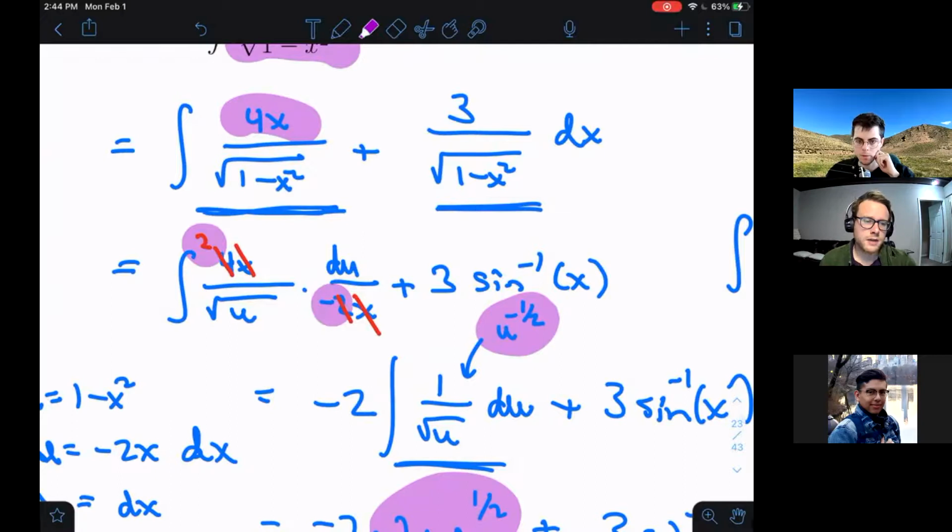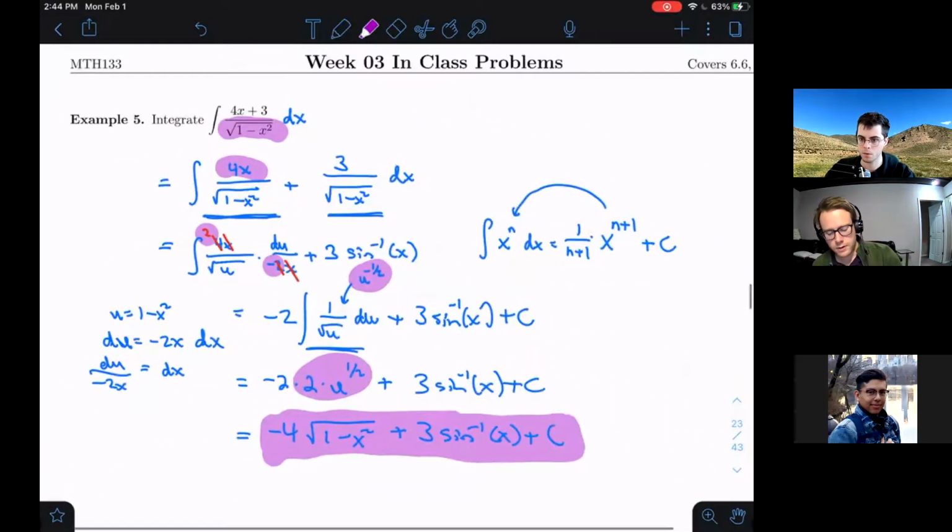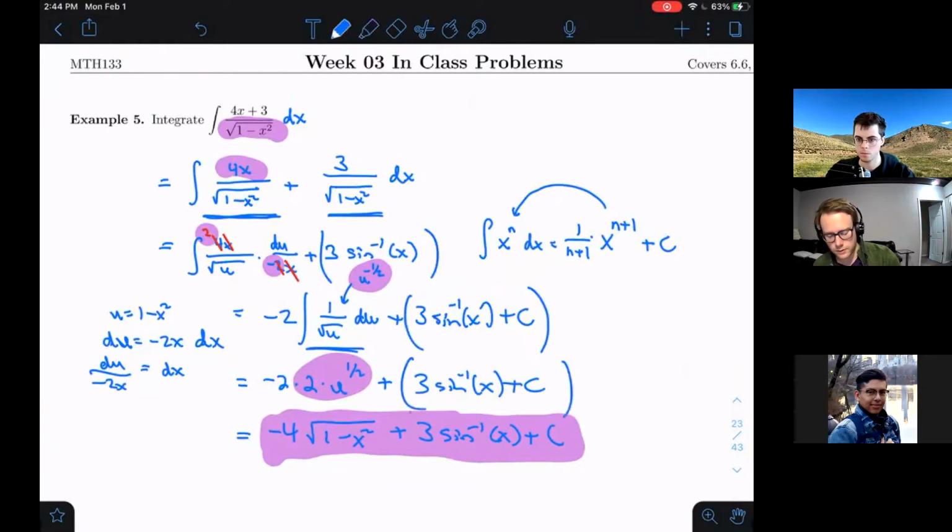The 2 came from a little bit of canceling with the 4x, it didn't have anything to do with the 3. And then the negative came from our substitution of just that piece, from x's to u's, because this is the only one that we required the u substitution for. So this bit here with the sign and everything doesn't have anything to do with that -2.